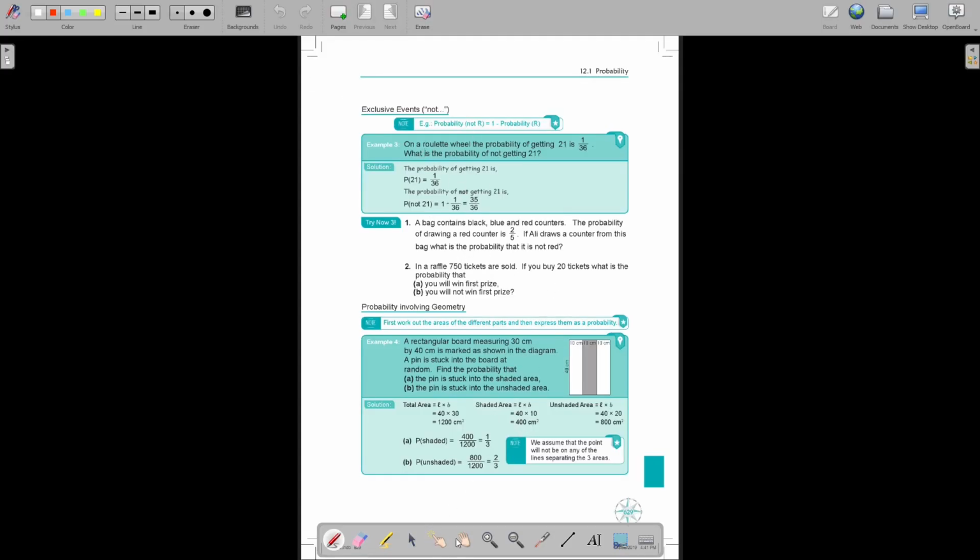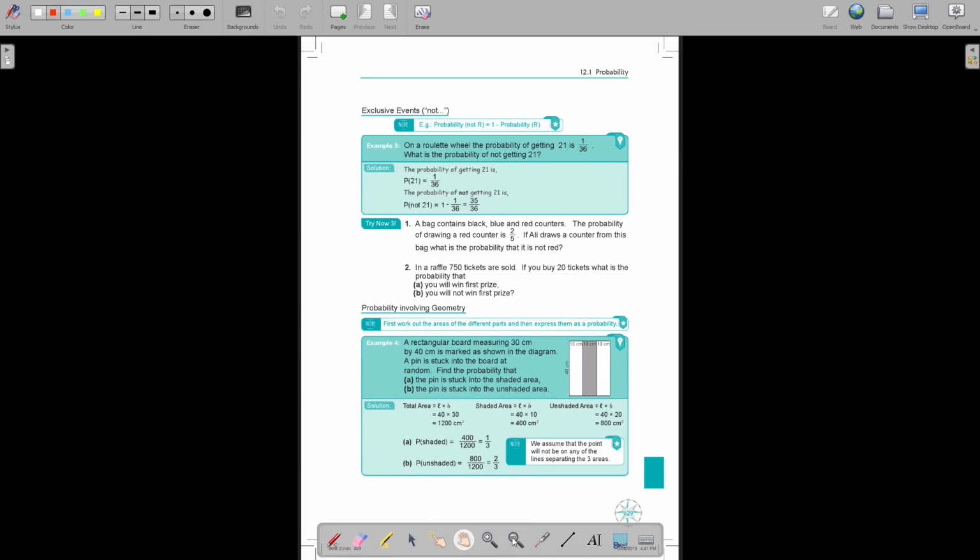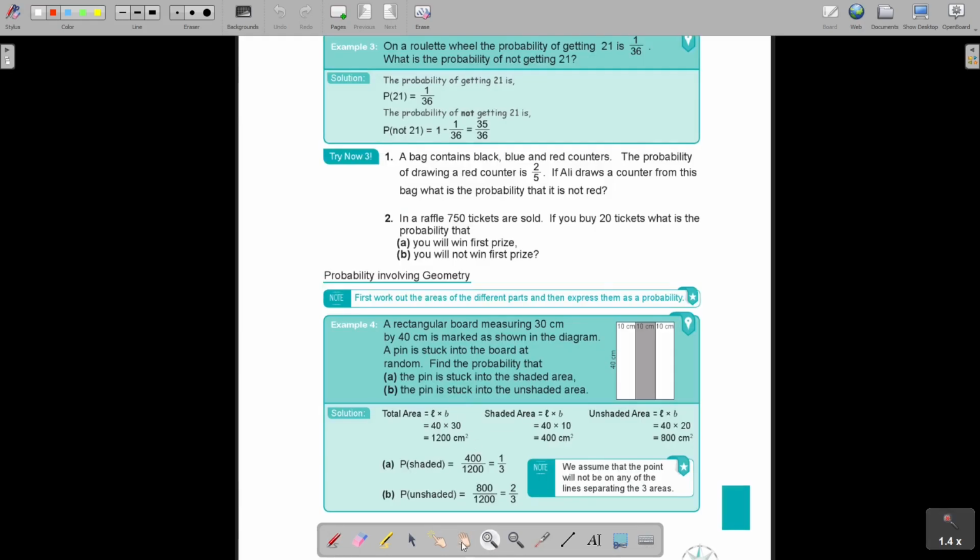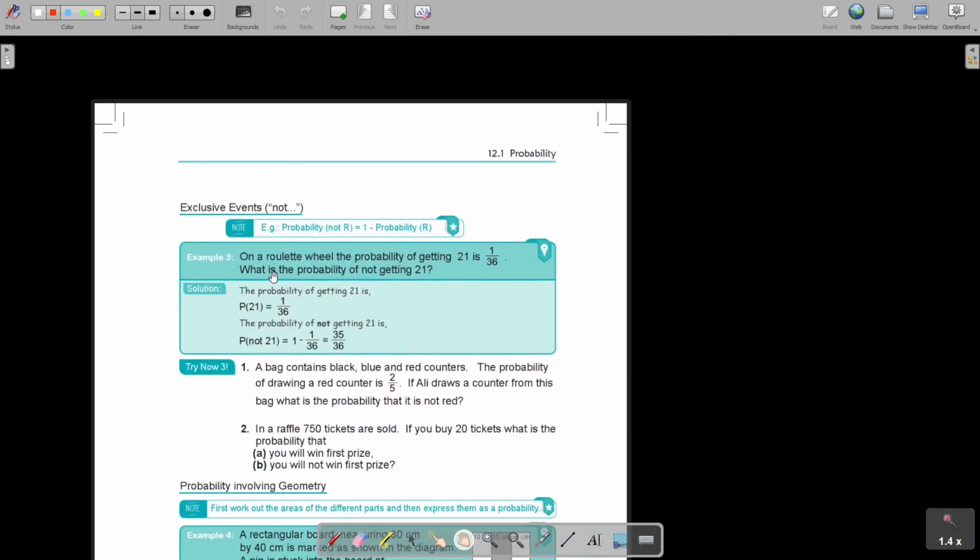It's the 'not', so you could have said it's 1 minus that probability. On a roulette wheel, the probability of getting 21 is 1 over 36. What is the probability of not getting 21? Then 1 minus 1 over 36, and that's 35 over 36.